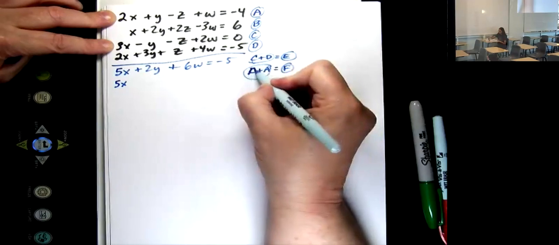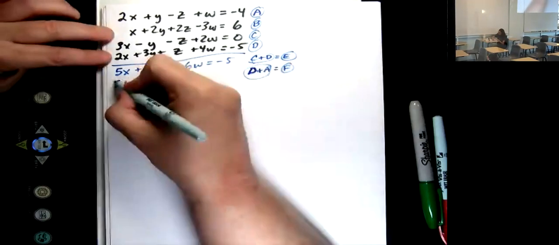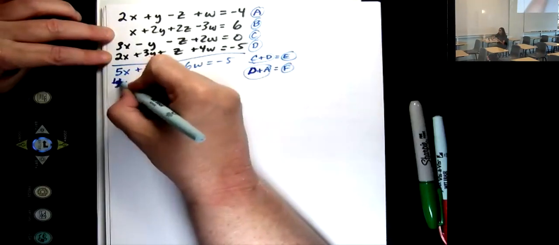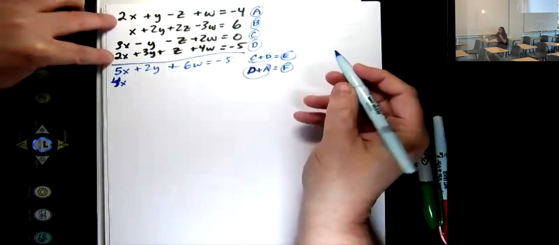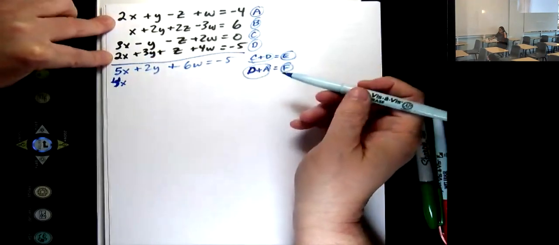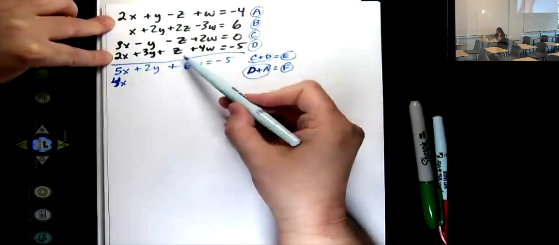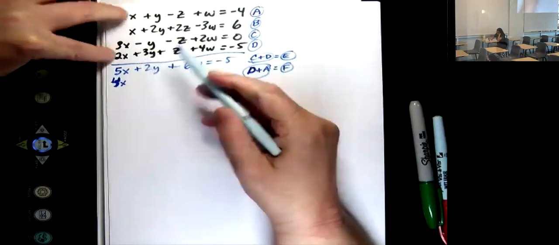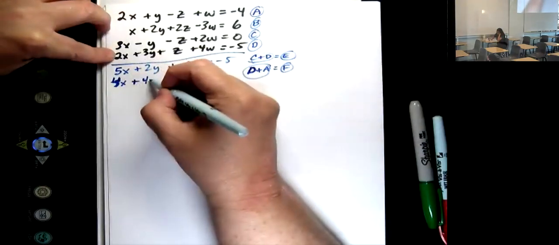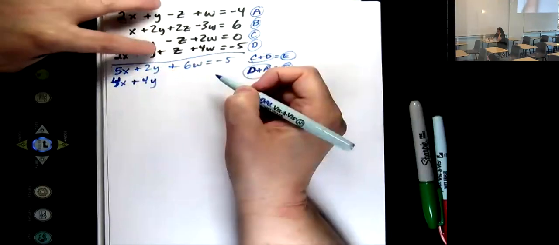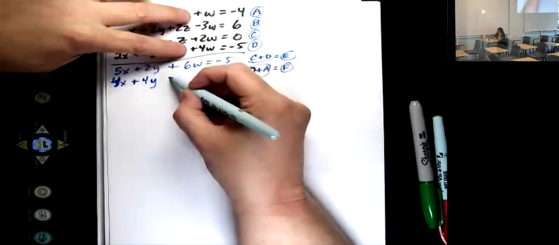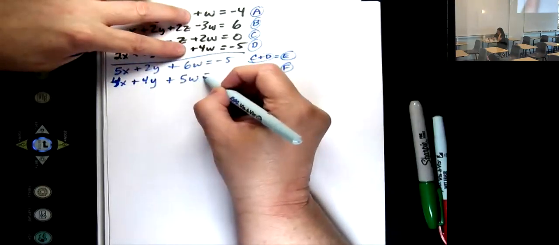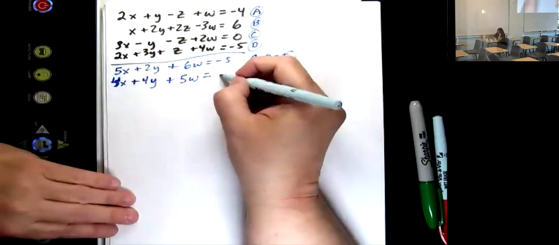D. That's a 4x now. Never mind. I need D plus A. I need the positive Z. 4x, and then I got a 4y. And then my z's go away, and I got a 5w. And I add -4, -5, I get -9.